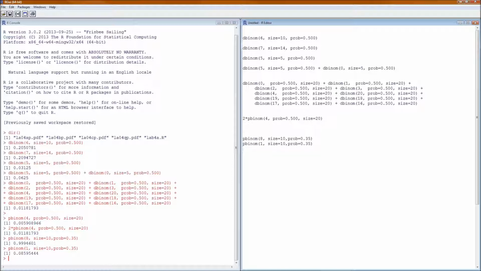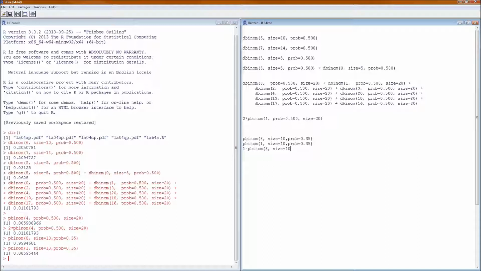If I would like to know the probability of getting 4 or more, we note that the p prefix only gives us the less than or equal to. So we need to change the x is greater than or equal to 4 into some sort of less than or equal to. So this would be pbinom, and greater than or equal to 4 is the same as less than or equal to 3.